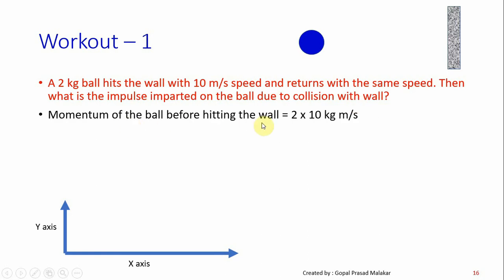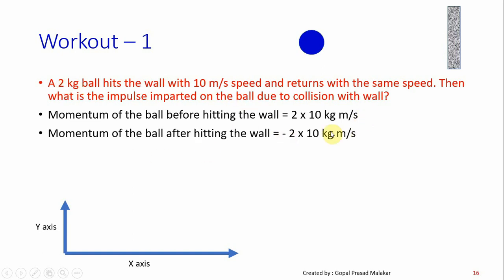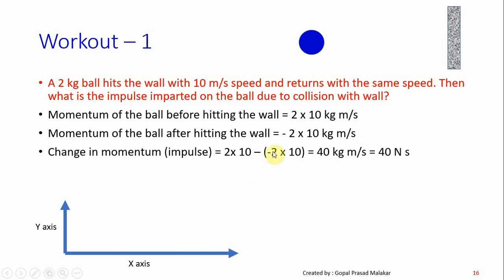Momentum of the ball before hitting the wall is 2 kg into 10 meter per second. Momentum after hitting the wall is -2 into 10, because it started moving in the opposite direction. So what is the change in momentum? 2 into 10 minus (-2 into 10). That makes it 40 kg meter per second, or 40 Newton second.